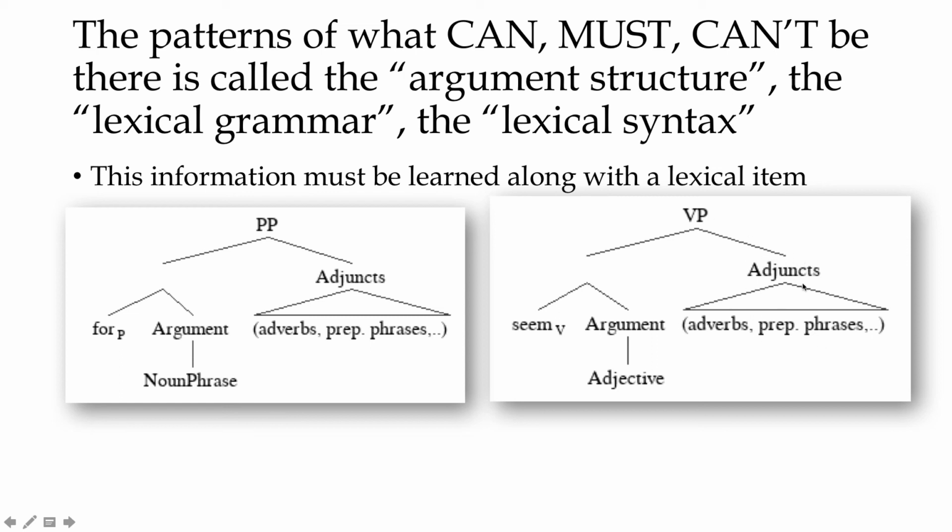There's a spot here in the specifier of seem position for this kind of optional information, these various adjuncts that can appear. So at least this much of the grammar, this little bit of mobile, this little bit of syntax tree, would have to be learned along with the head as I learn the meaning of that word.